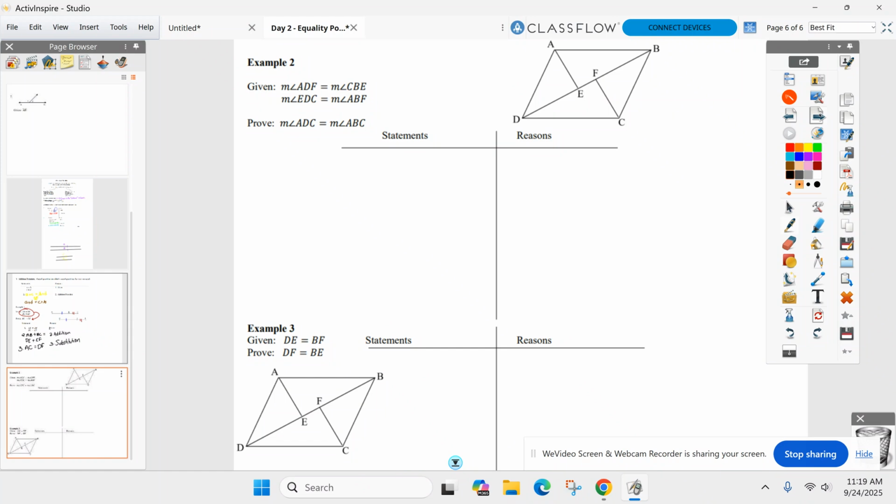Arc marks, go ahead. Again, only mark the given angles congruent. Do not mark the proof statement. That is not true. That's what we're trying to prove. So we should have a single pair of arc marks, double pair of arc marks.